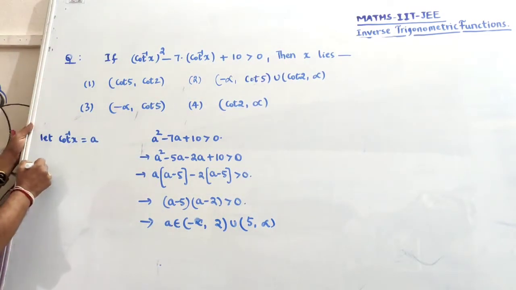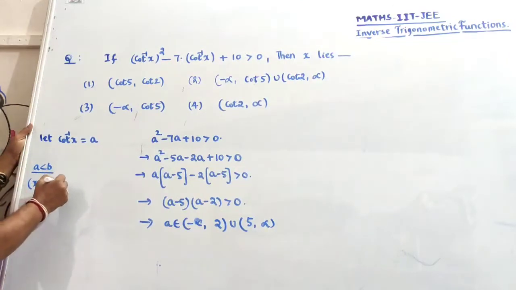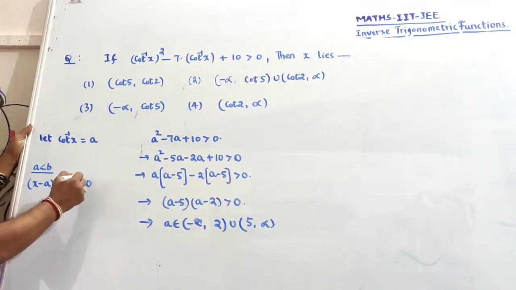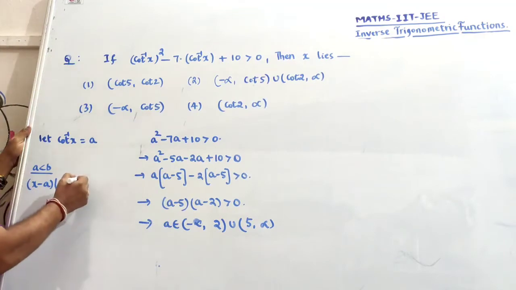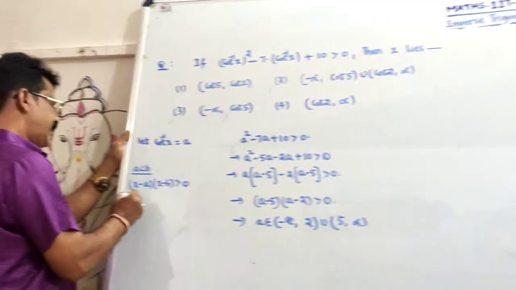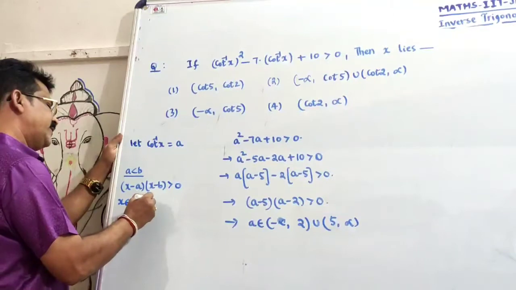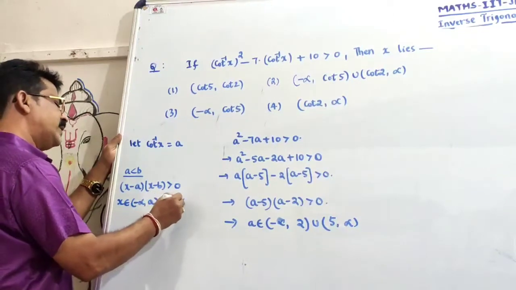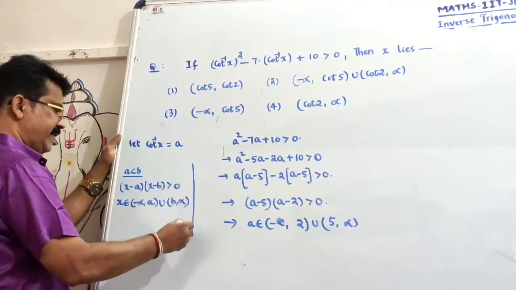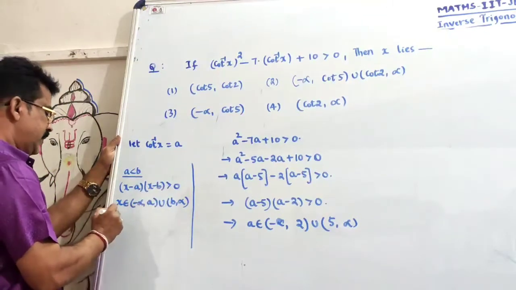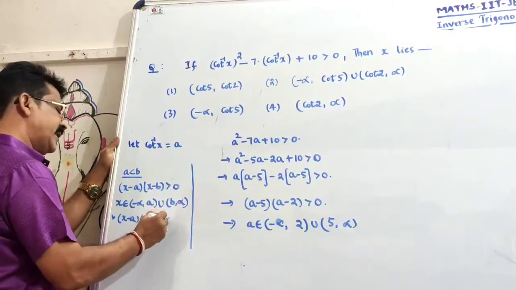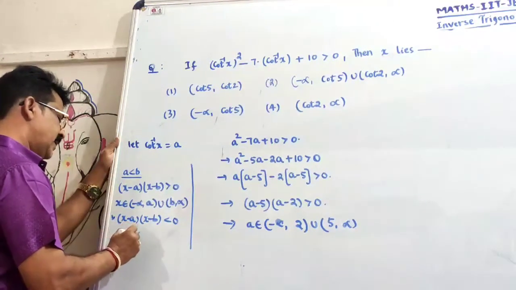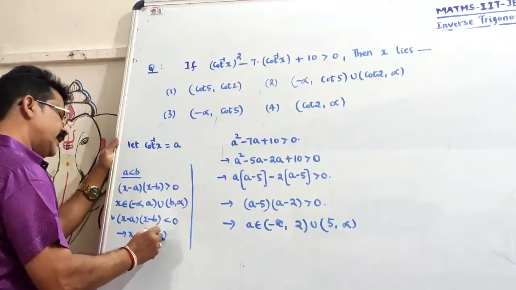Because when a is less than b, if (x minus a) into (x minus b) is greater than 0, then x belongs to the open interval minus infinity to a union b to plus infinity. And if (x minus a) into (x minus b) is less than 0, then x belongs to the open interval a comma b.